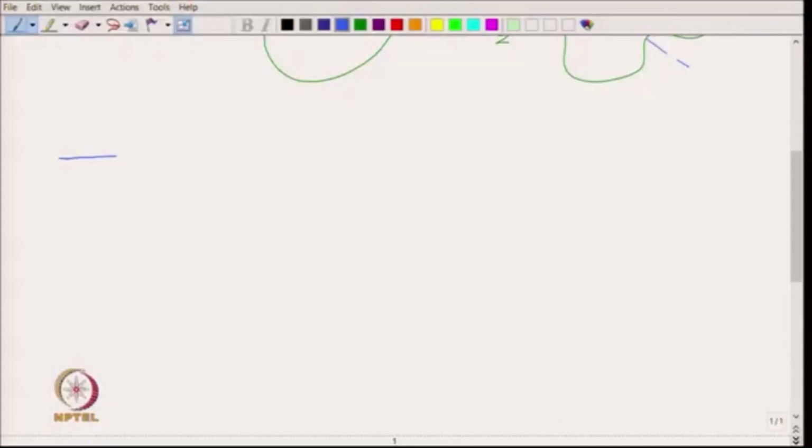Okay. So, as I said, let us suppose we have an unsymmetrical beam and say this is the axis. Here also it is going to have that shape.